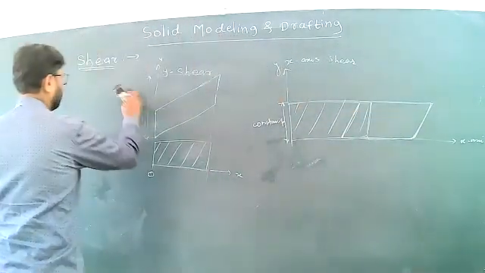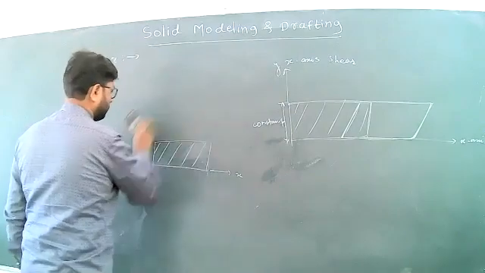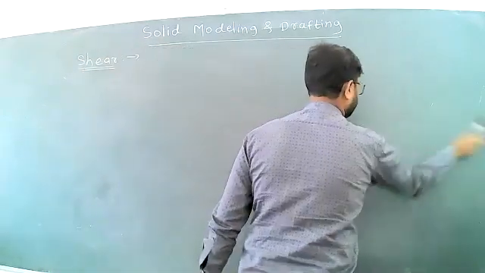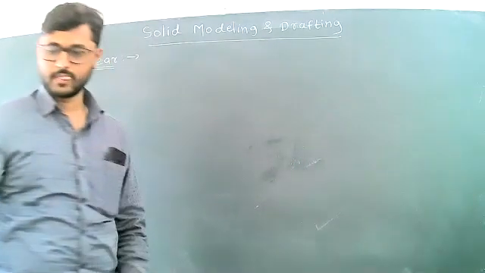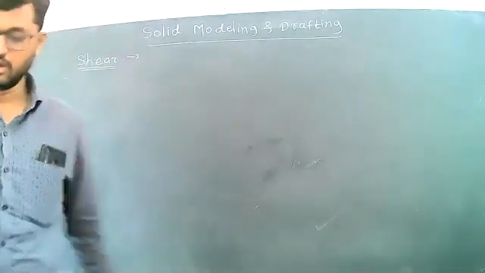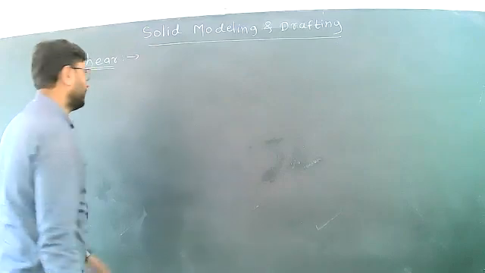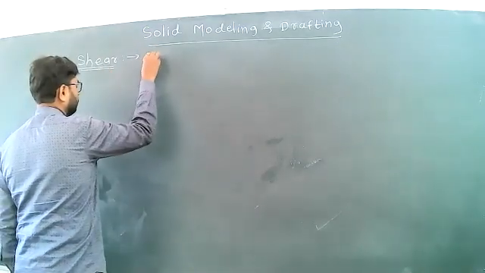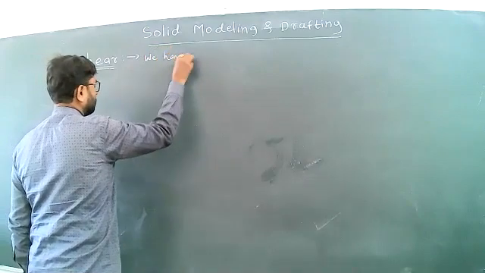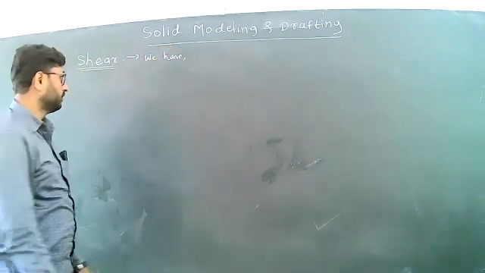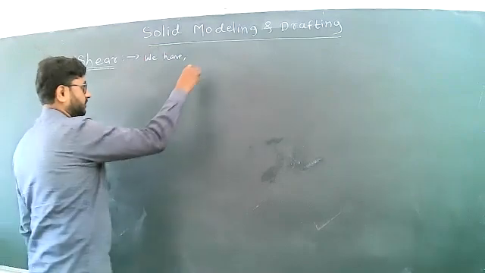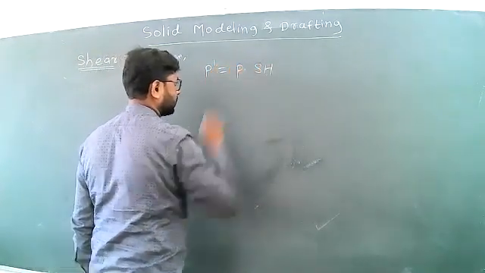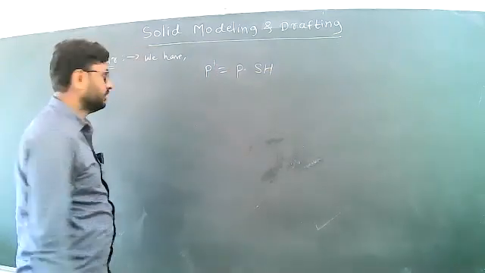We'll take them one by one in detail. First of all, we consider shear along the y direction, and before that we have the standard equation for shear: P dash is equal to P into SH.